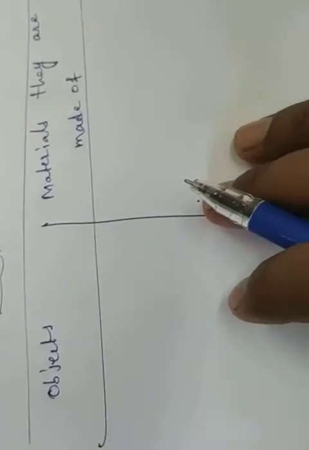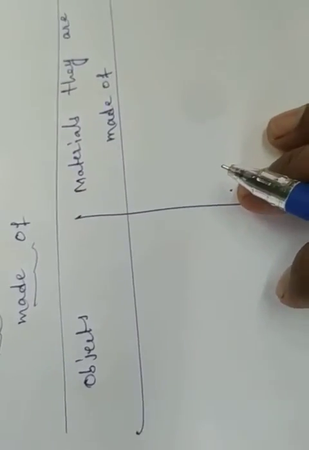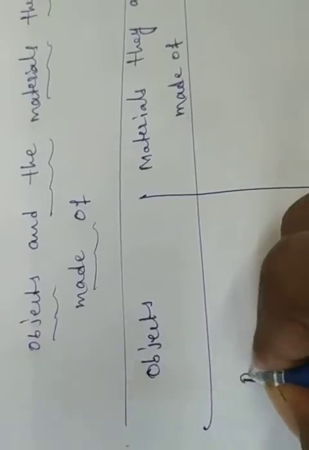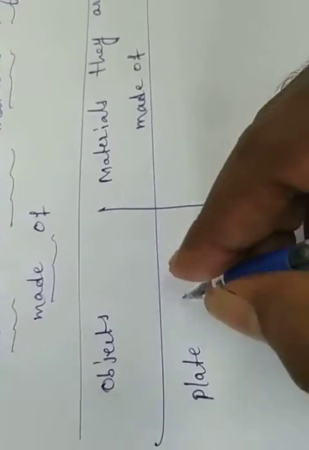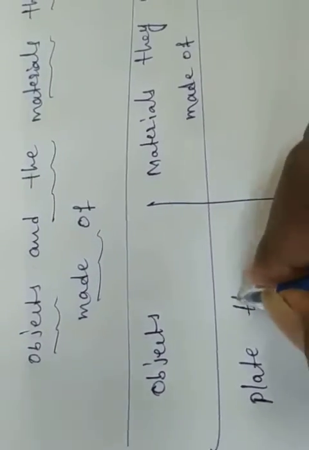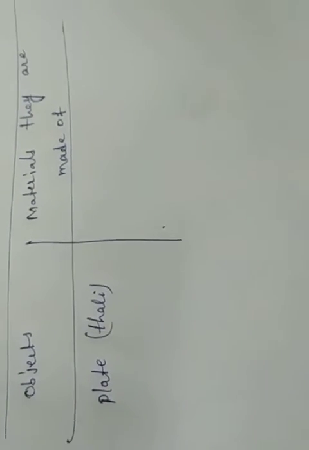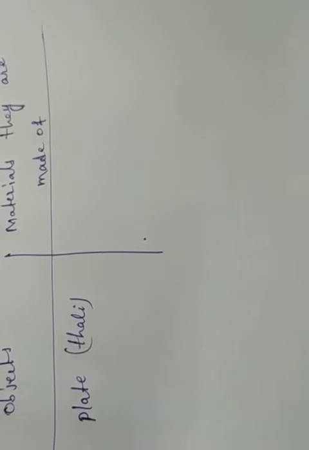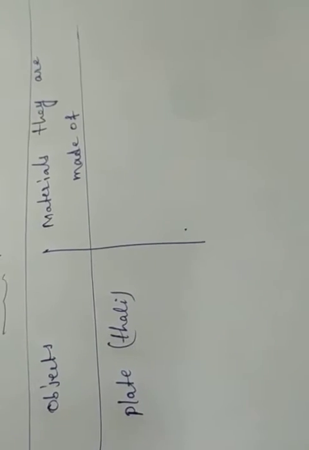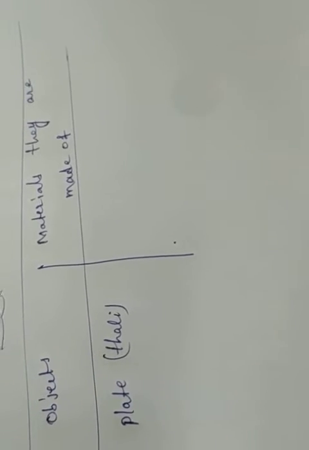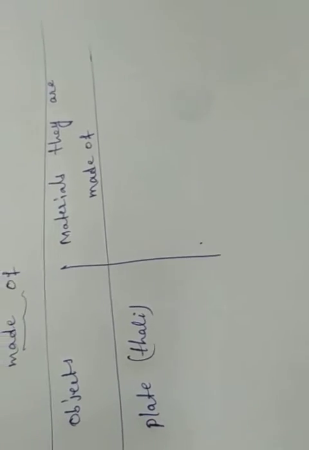Now we have to take some objects. For example, a plate, or thali, as we can call it. How are plates prepared, and which materials are used for preparing plates? Plate is made of which material?